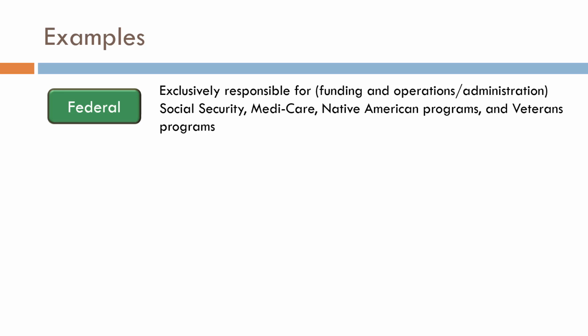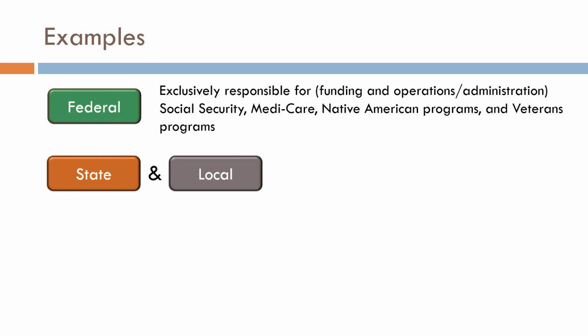So, in these cases, the funding for these programs, how they're operated, administered, etc., is all exclusively under the purview of the federal government. Other than these programs, all other policies and programs are administered or implemented via some combination of federal, state, and local.